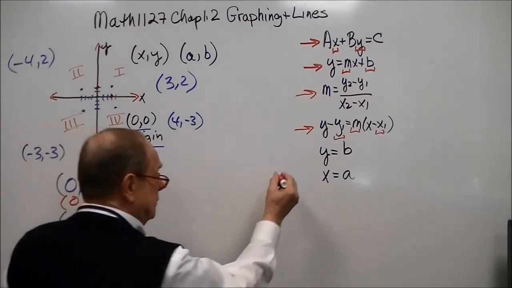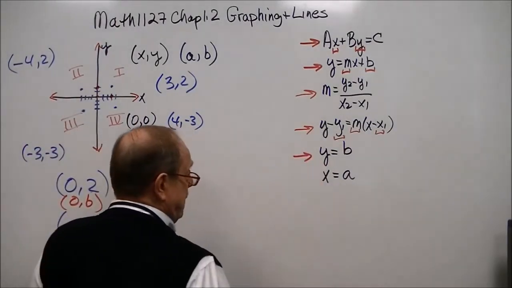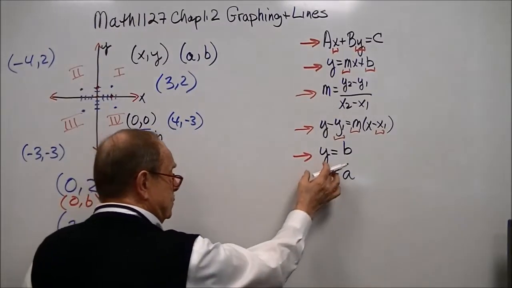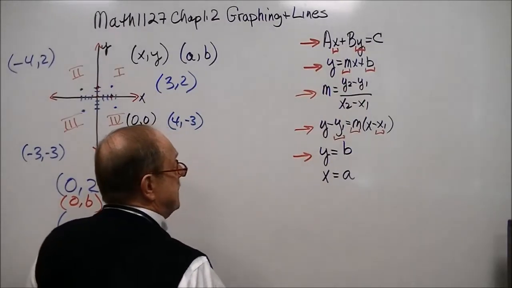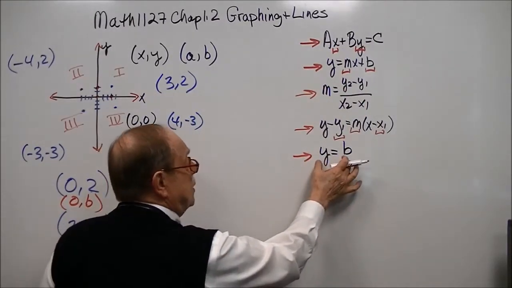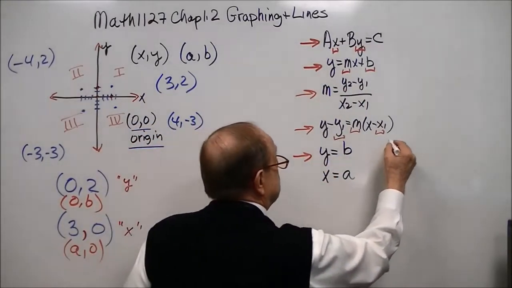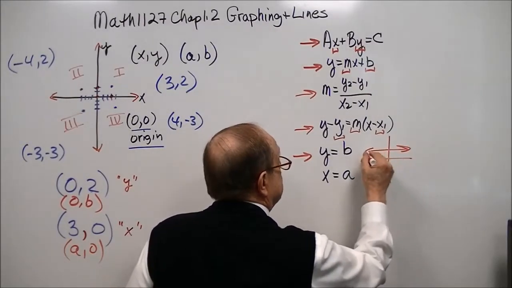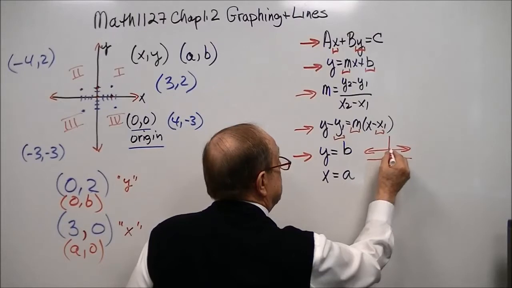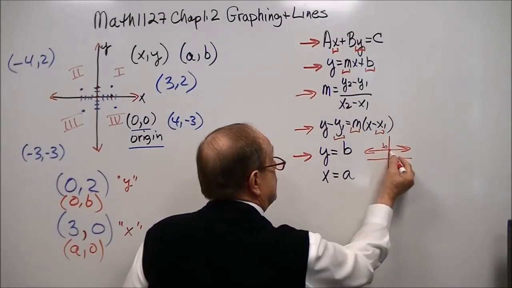This is a special formula, and this is y equals b. It's sort of in this form here. And it's a formula of a horizontal line, where that horizontal line is going through b, which is your y-intercept.